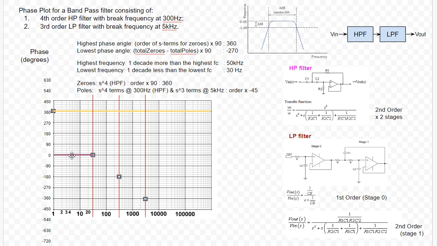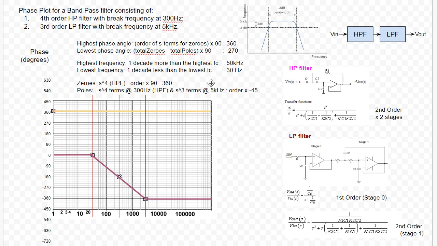And then it just goes down all the way to here. And then it tapers off, so it stays constant till the end. So that's our pole at 300 hertz for the high pass filter side.